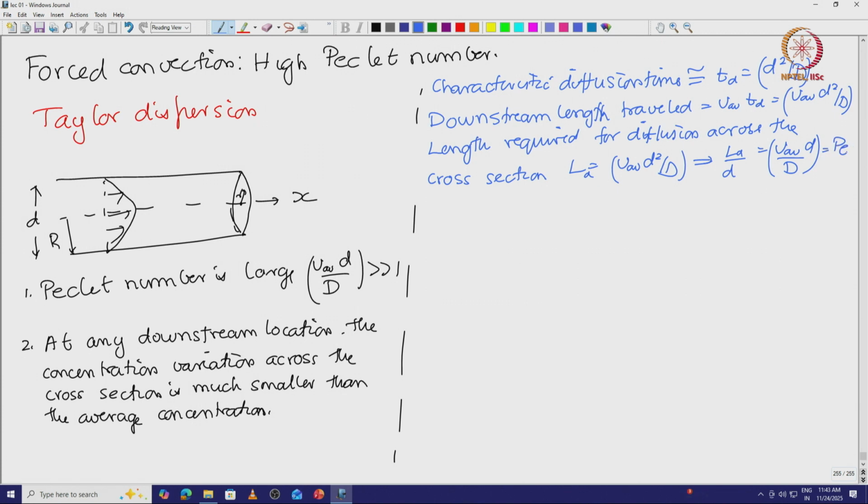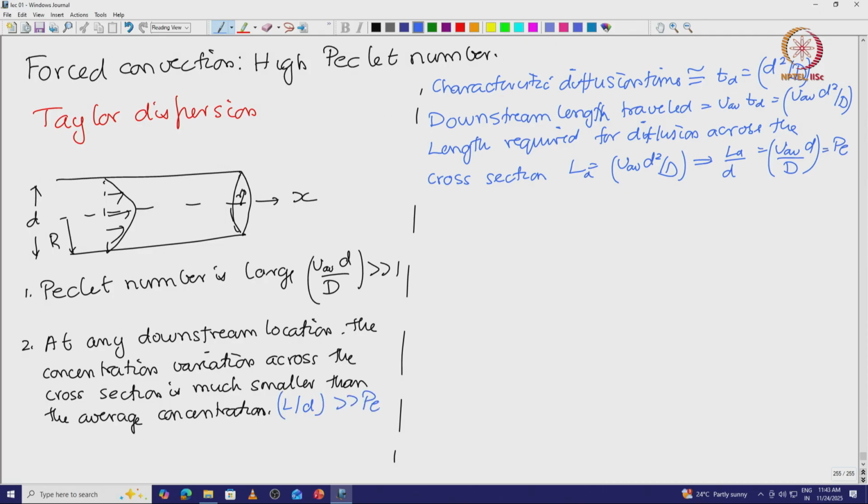So, this is the length taken for the concentration to equalize. Here we are assuming that the concentration variations are small, which means that the length it has travelled is much larger than the diffusion length required for the concentration to equalize across the cross section, and that is valid for L by d much larger than the Peclet number.